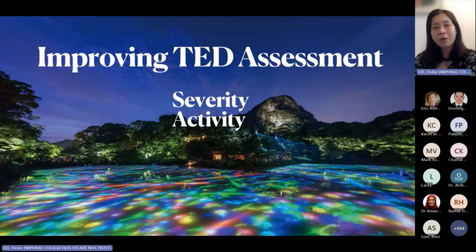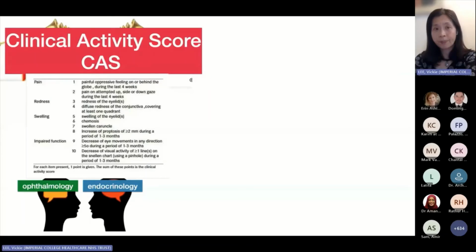The next step I'm going to move on to is to improve the assessment of thyroid eye disease. And the 2 aspects we need to think about are severity and activity of disease. So one of the majorly used endpoints in all trials is the clinical activity score, and many of you may be familiar. It was described by Moritz in the late 1980s. It's become a common language between endocrinology and ophthalmology.